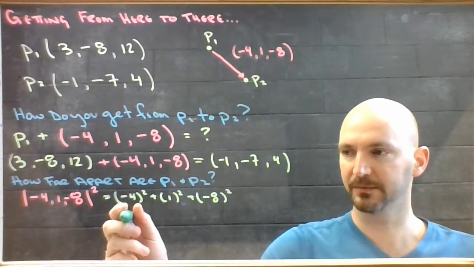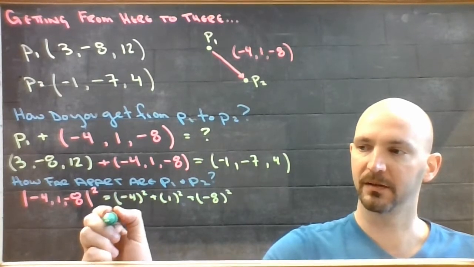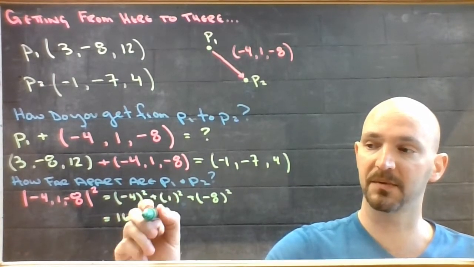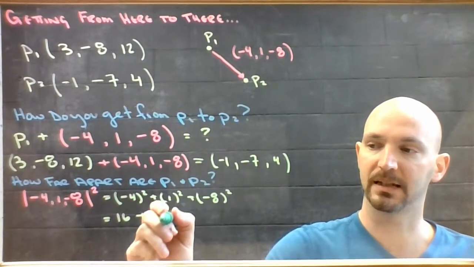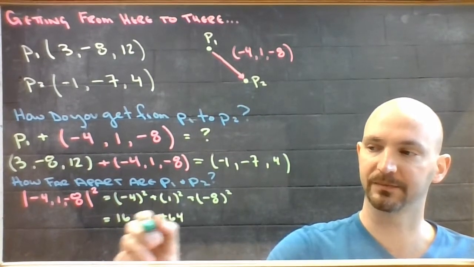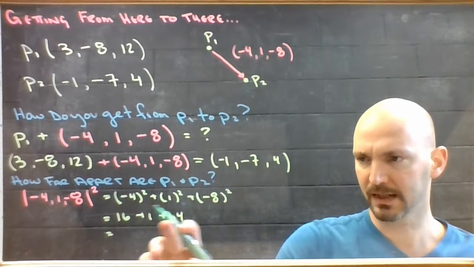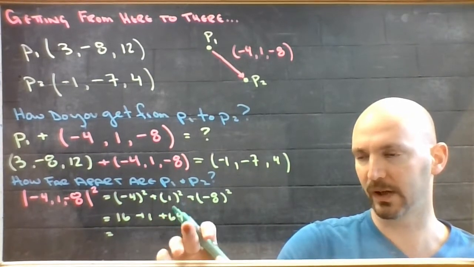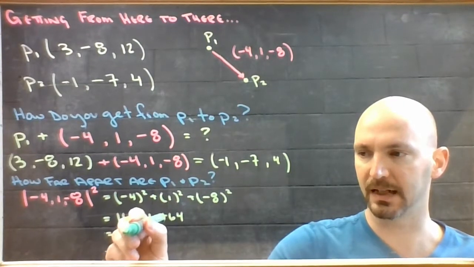So this thing, -4 times -4 is 16. 1 times 1 is 1. 8 times 8 is 64. 16 plus 64 would be 74. 80 plus 1 is 81.